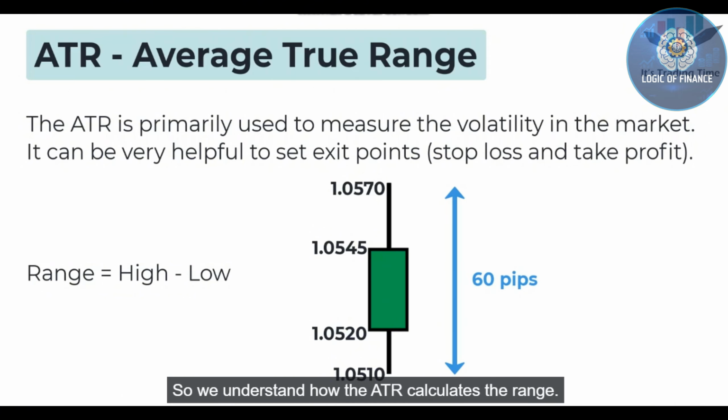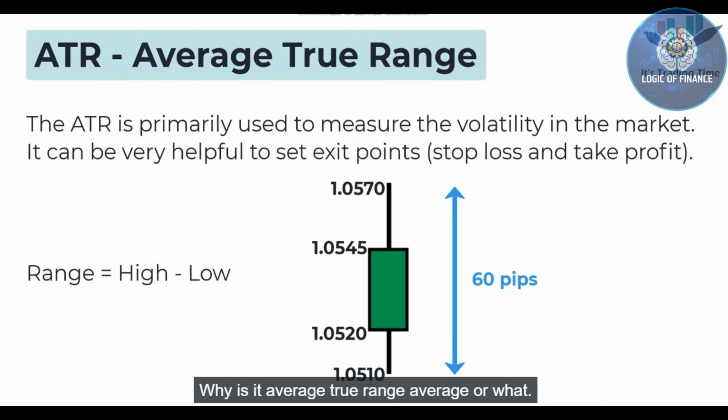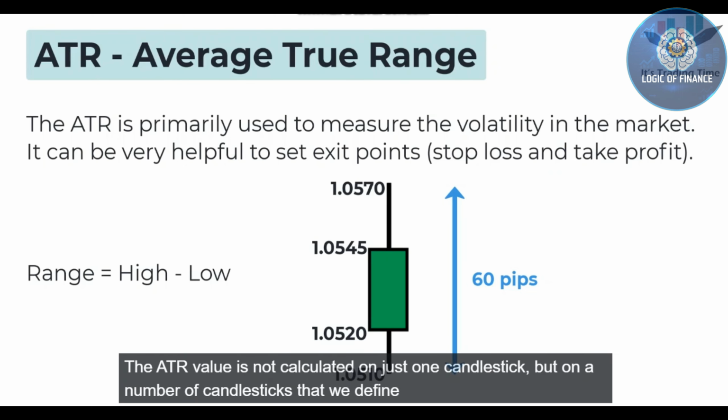So we understand how the ATR calculates the range, or we should say the true range as it is called in this indicator. We still need to understand the first term of the name, the average. Why is it average true range? Average of what? The ATR value is not calculated on just one candlestick, but on a number of candlesticks that we define.